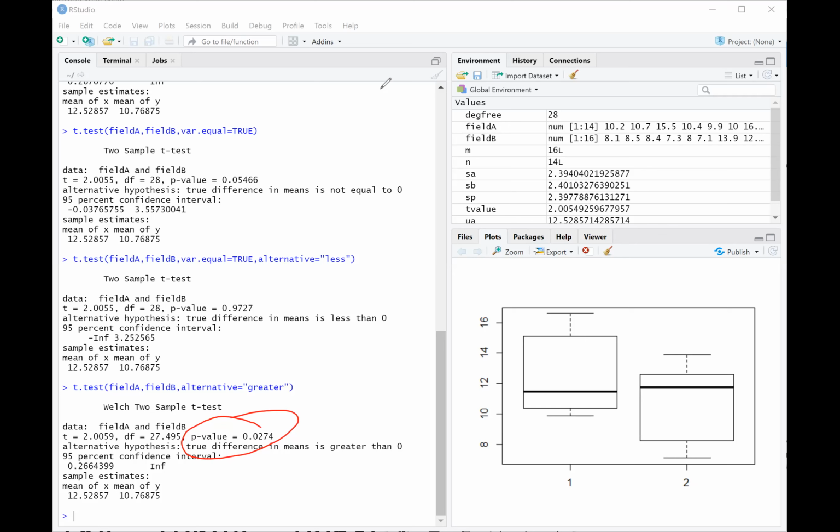And yeah. So there's one more case that I want to mention. And in this case, you will sometimes see the case where we have a paired t-test. So I can't use it on this data, but if you have paired data, you would use paired equals true.